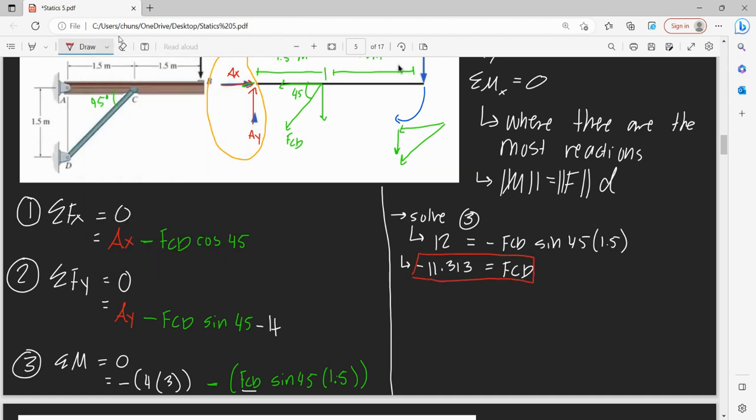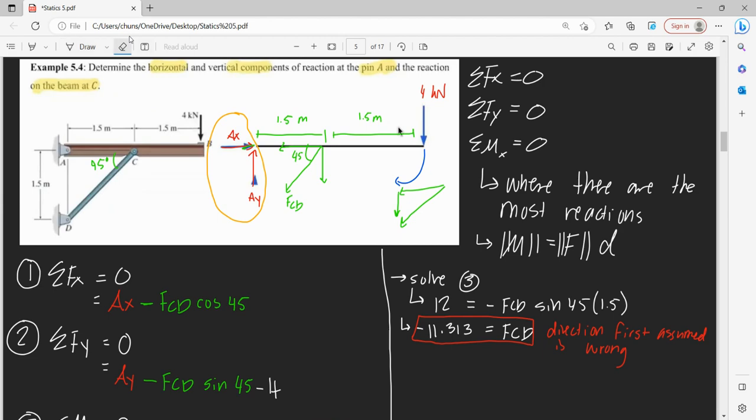So this negative symbol means that the direction first assumed is wrong. So our FCD reaction, we drew it to be pointing away from our beam.